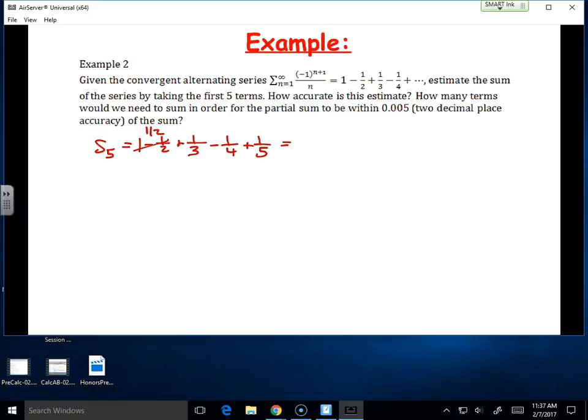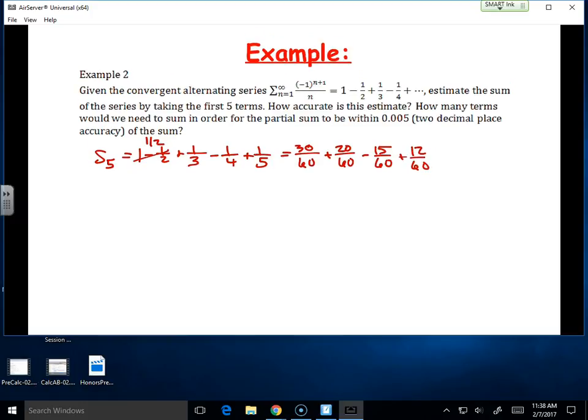Let's see, what's the common denominator between 2, 3, 4 and 5? Well, we could do 60. So we could do 60 sixtieths minus 30 sixtieths plus 20 sixtieths minus 15 sixtieths plus 12 sixtieths.